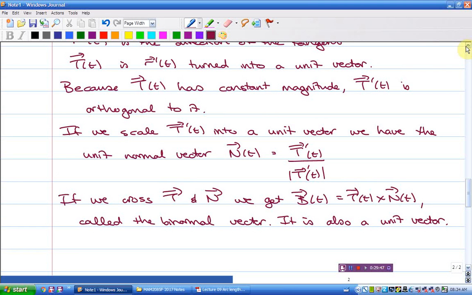Because what happens is that big T, big N, and big B form an orthogonal set of axes of unit vectors. And that's quite a powerful thing, because if you think about it, in our 3D space, where we generally divide it in rectangular coordinates with an x, a y, a z coordinate, and we have our i vector, our j vector, and our k vector along our axes, we can describe any point in space as a linear combination of those 3 unit vectors.